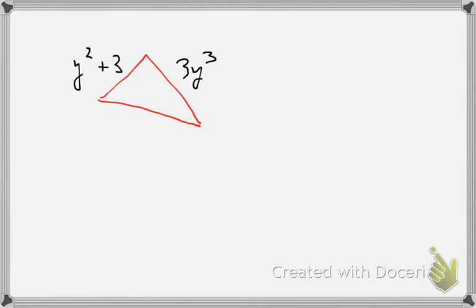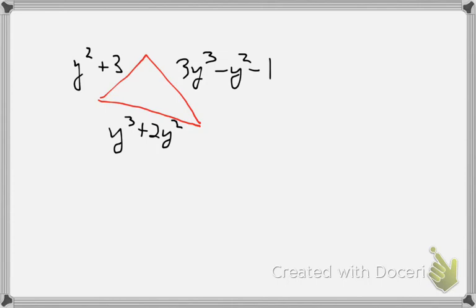So what if I draw a beautiful triangle and I tell you the 3 sides are y squared plus 3, 3y cubed minus y squared minus 1, and y cubed plus 2y squared.